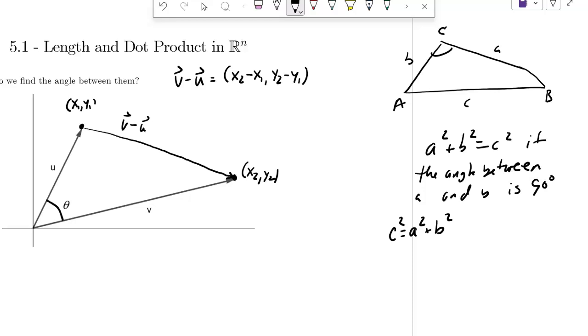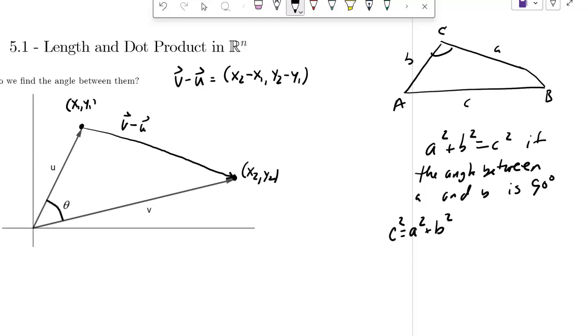But let's think about what has to happen. If your angle goes from 90 degrees and becomes smaller, does your length of C get bigger or smaller? If that angle at C, between A and B, goes from 90 and becomes less, does C get bigger or smaller? Smaller, right?